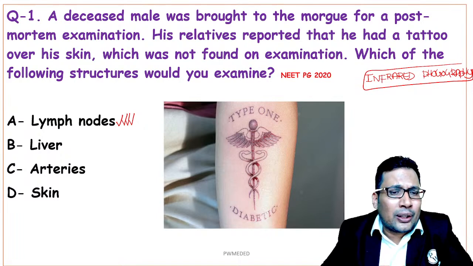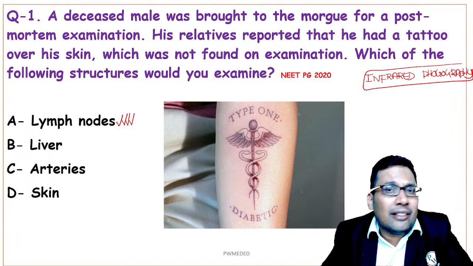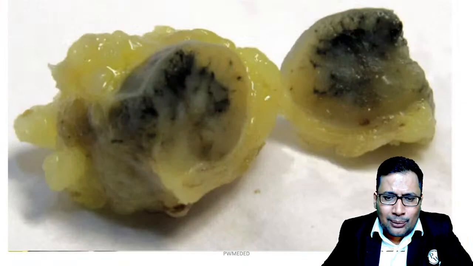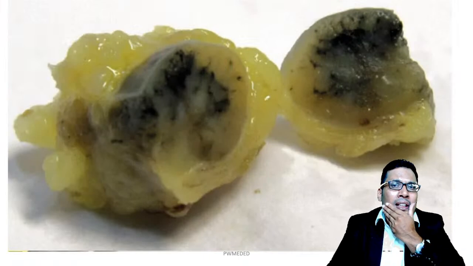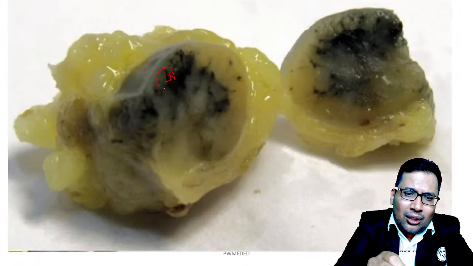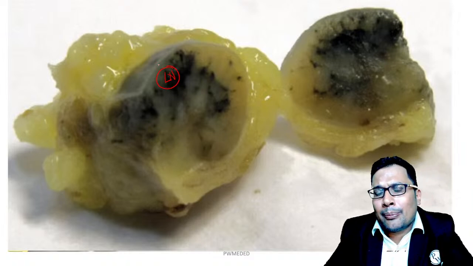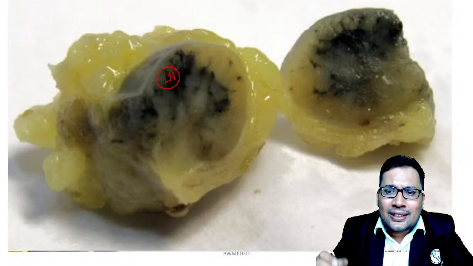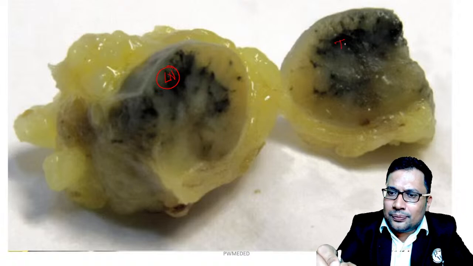All this can be used in the examination of faint tattoos. Let me discuss this. This is a lymph node during post-mortem examination. You can see the tattoo material here.